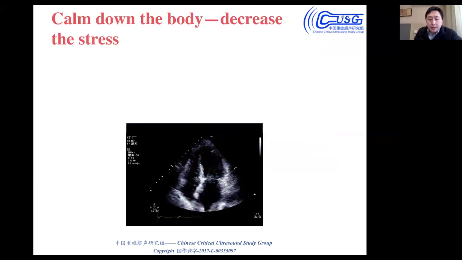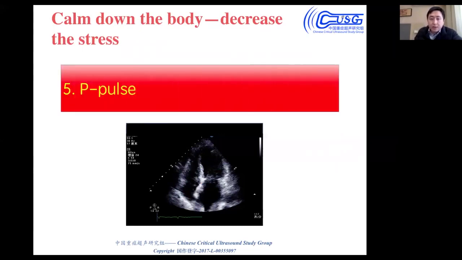Under the reaction of hypoxia and inflammation, or under the stress of COVID-19, the heart is often hyperdynamic.